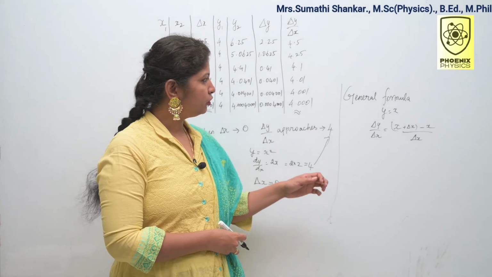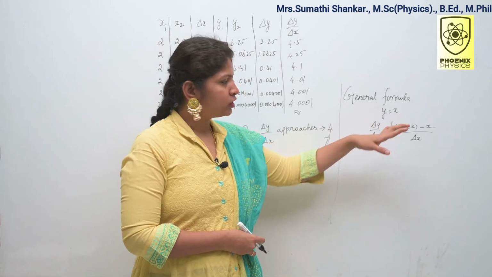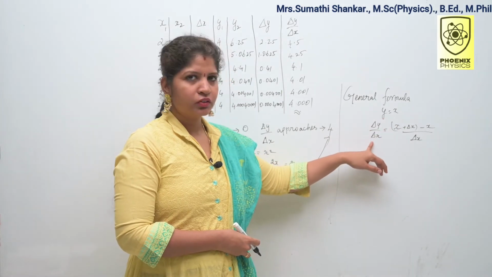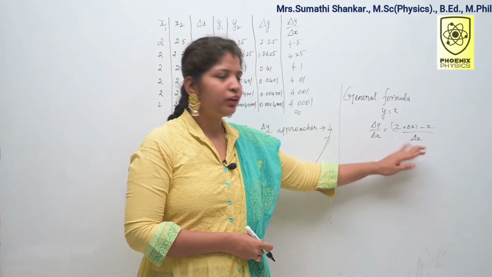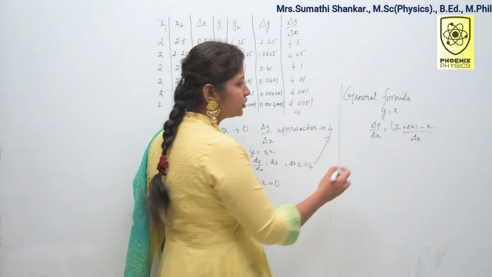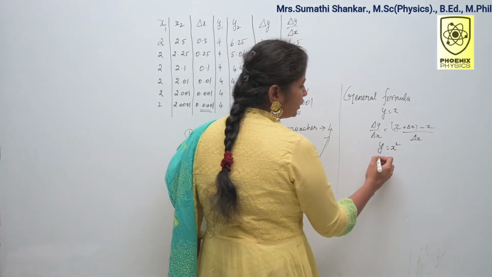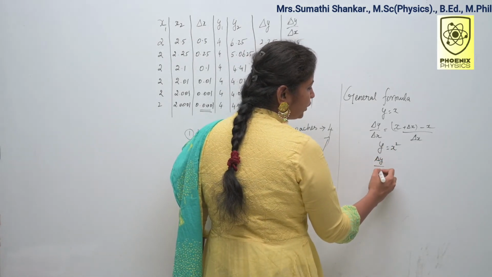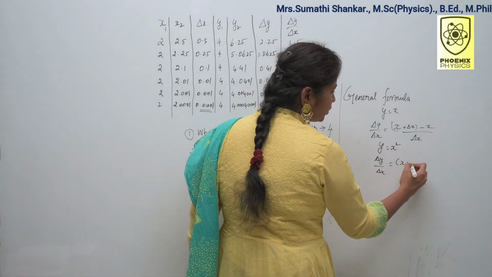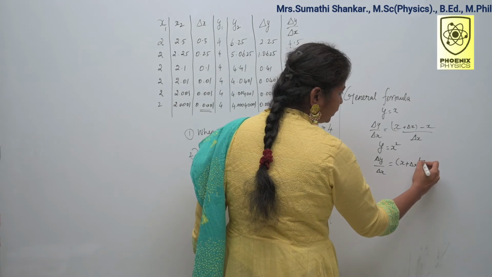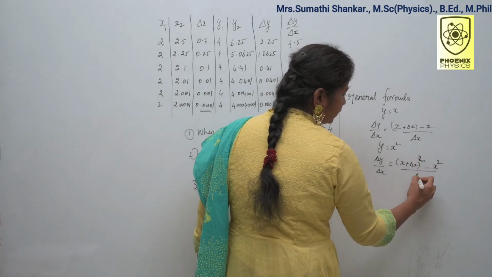You know the general formula: y is equal to x means delta y by delta x is equal to x plus delta x minus x divided by delta x. Here y is equal to x square is given. Then how do you write delta y by delta x? Using this formula you can write x plus delta x the whole square minus x square divided by delta x.